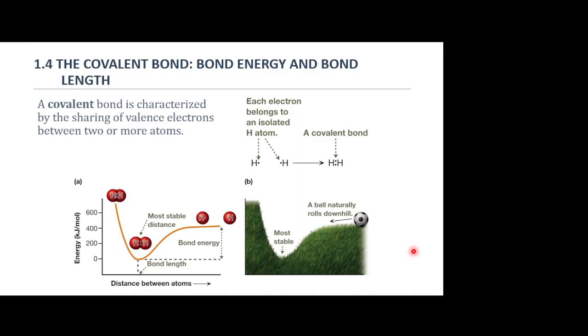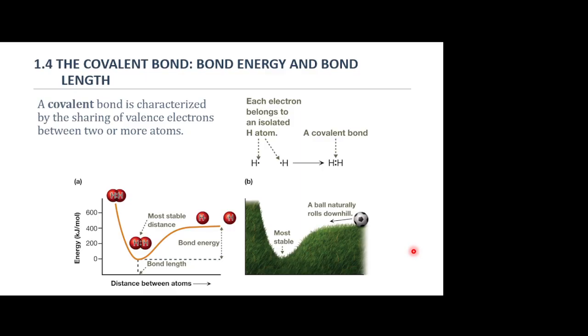Covalent bond energy, and bond length. A covalent bond is going to be characterized by the sharing of valence electrons between two or more atoms. This definition, unfortunately, is actually out of date and is now wrong. Last year, it is an equal sharing of electrons. Okay? You can make a covalent bond with one electron now.